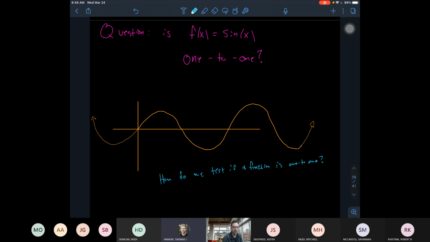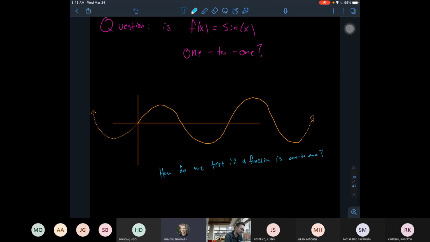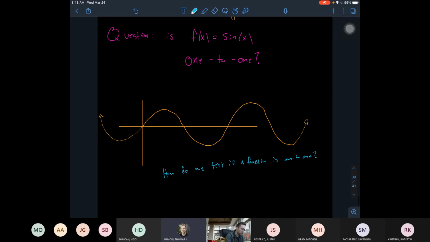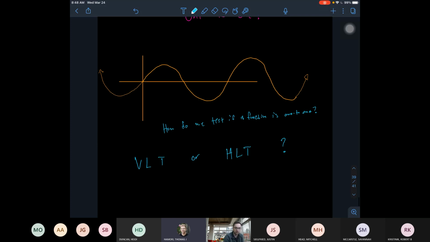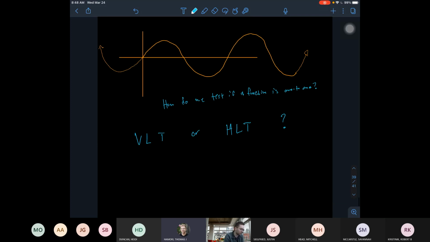Okay, Heidi was on the right track. We're getting to these line tests. There is a line test that we should use to check if a function is one-to-one. And the question is, well, should we use the vertical line test or the horizontal line test? Okay, Heidi says horizontal.